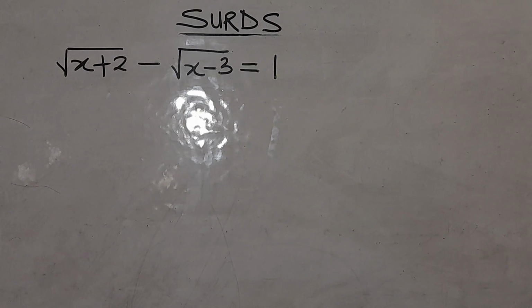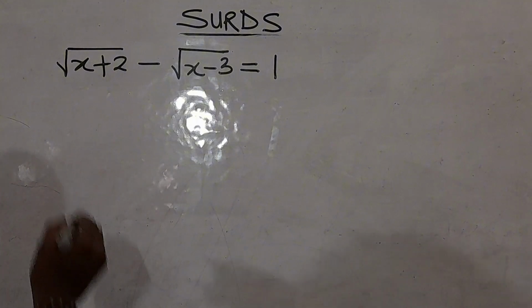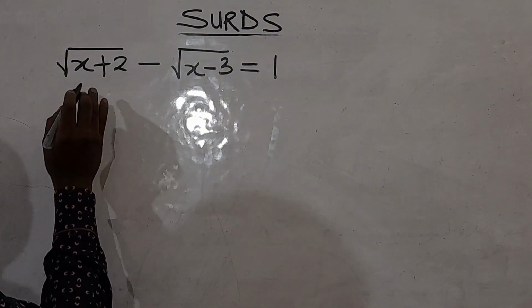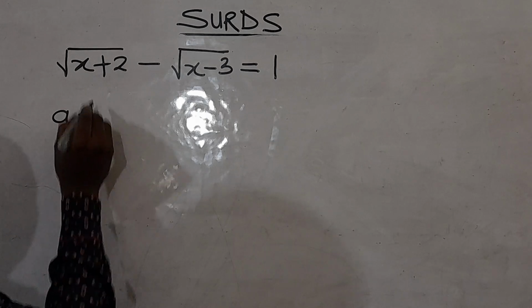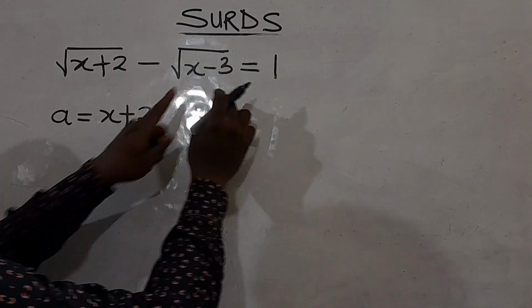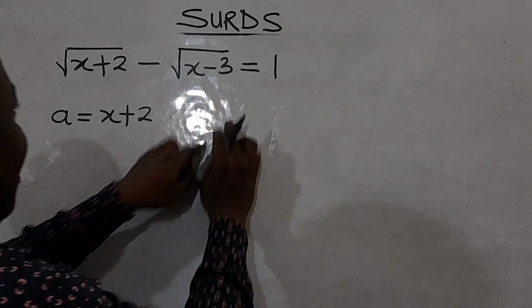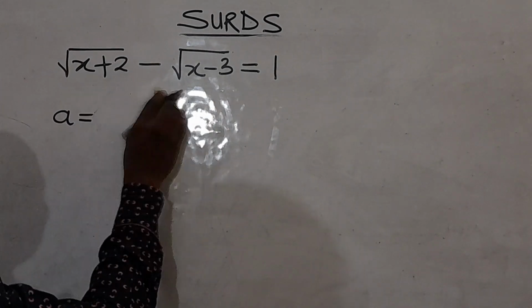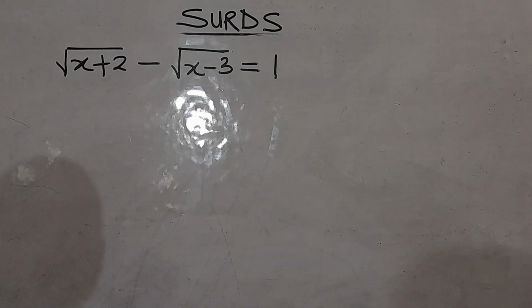The first thing I will do here is make this equal to a, or x plus 2, and b to equal this. Or I will go straight and solve it. Since we're dealing with surds, I will just go straight and solve it this way.